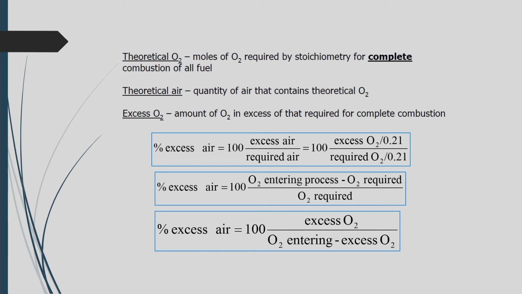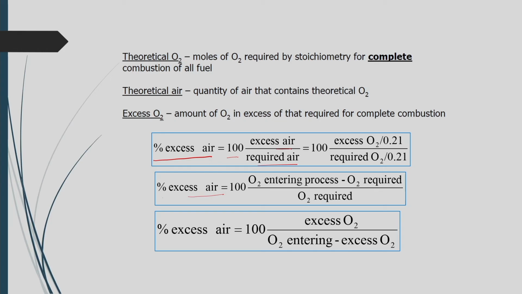Now, accordingly the excess air is defined as 100 times excess air divided by required air. This is percentage excess air. So, it will be 100 times excess oxygen divided by 0.21 over required air, that means in terms of oxygen, required oxygen divided by 0.21. Why 0.21? Because air contains 21 mole percent oxygen. This excess air you can also express in terms of the entering amount and required amount of oxygen.